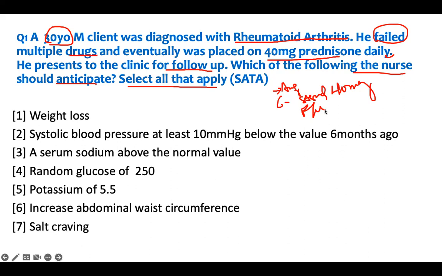They've been taking it for a long time. Okay. And so you have to be thinking about what is going on with the patient. He has taken this medication for a long time. Therefore, you should start thinking like, hey, something is wrong. If I'm on 40 milligram of steroid for a couple of months, things may change.